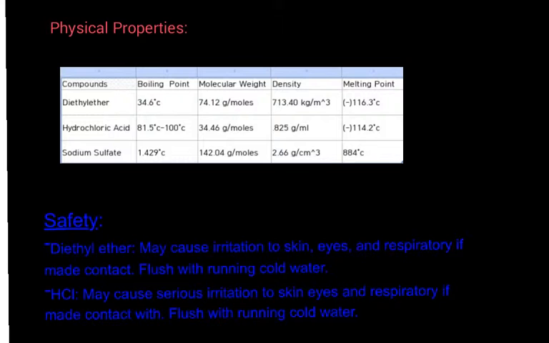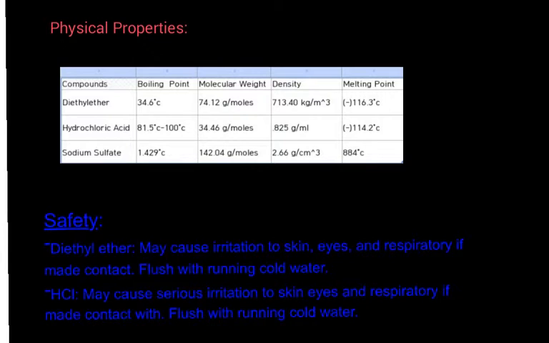The sodium sulfate has a boiling point of 1.429 degrees Celsius, a molecular weight of 142.04 grams per mole, a density of 2.66 grams per centimeter cubed, and a melting point of 884 degrees Celsius.